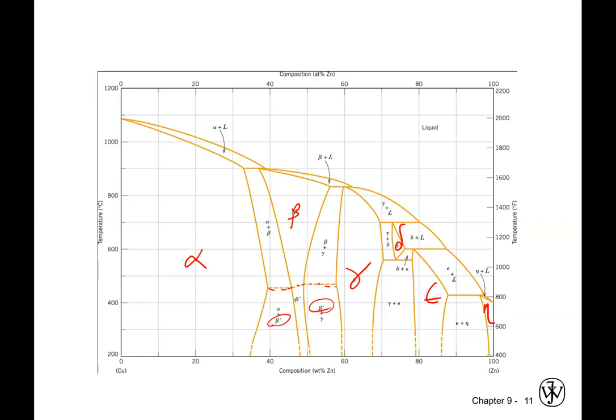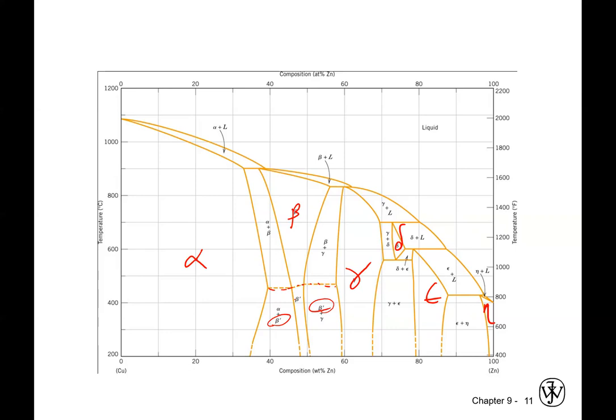So all of the alpha, beta, gamma, delta, epsilon, eta are a random mixture substitutional solid solution of copper and zinc. The beta prime is one that would be ordered. There'd be a preference for where the copper and the zinc sat. And you saw that on one of your tests for copper 3 gold, right, where the copper sat in all the face centers of the face-centered cubic cell, and in all the corners sat the gold.